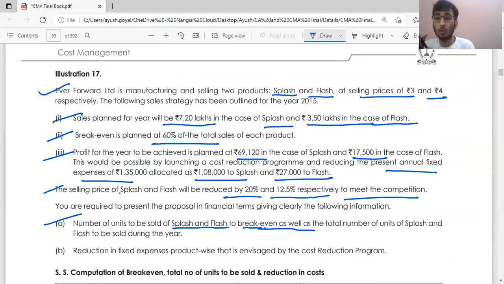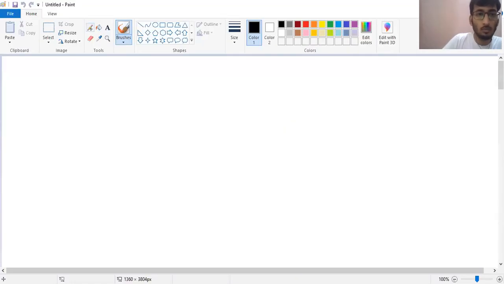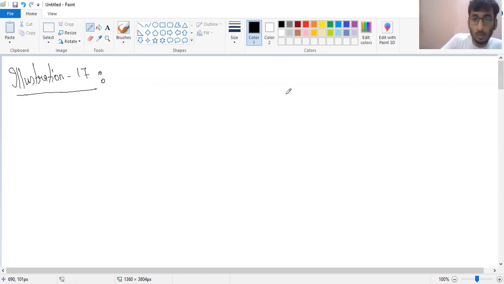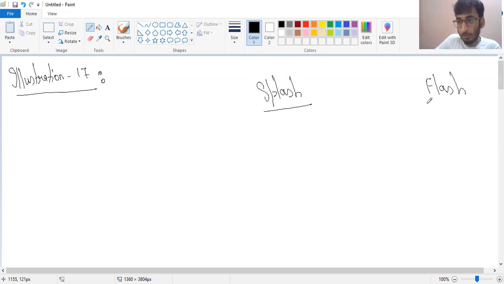Okay, so firstly we need to tell what should be the unit sale to achieve the break even. It is the planned sale. So let's see the first point. It is illustration number 70. See, there are two products, splash and flash.